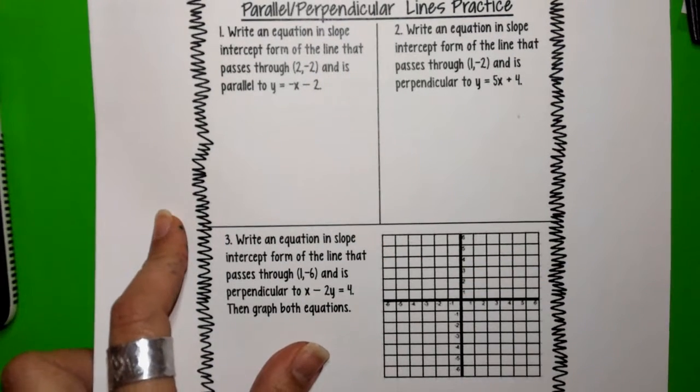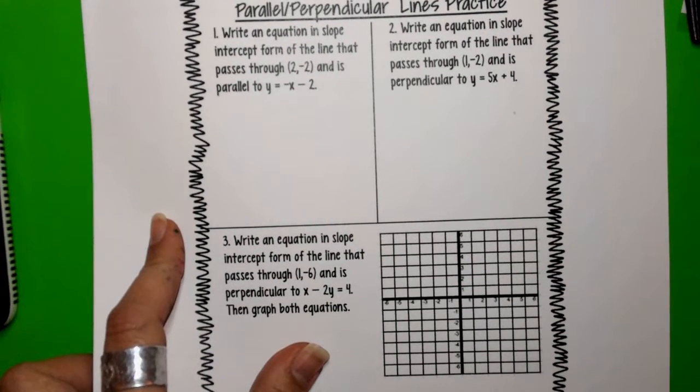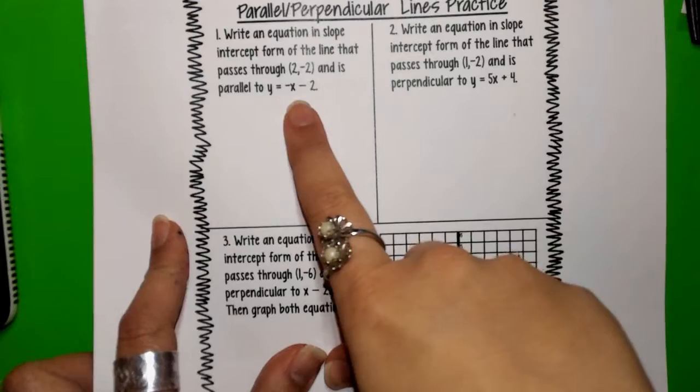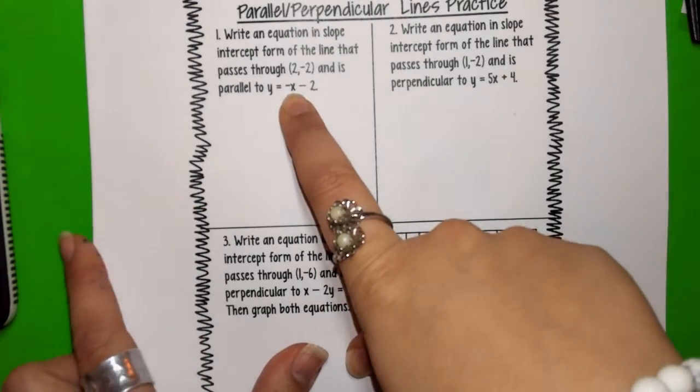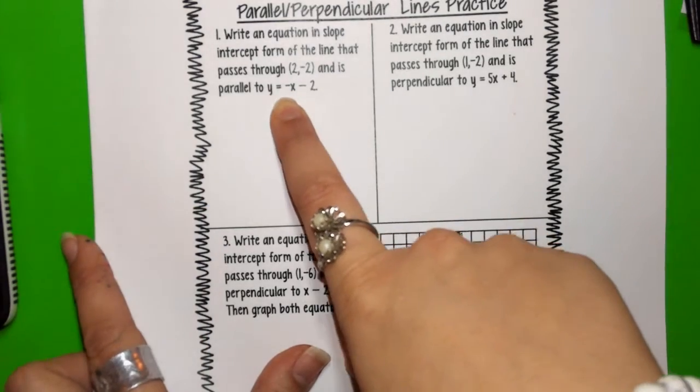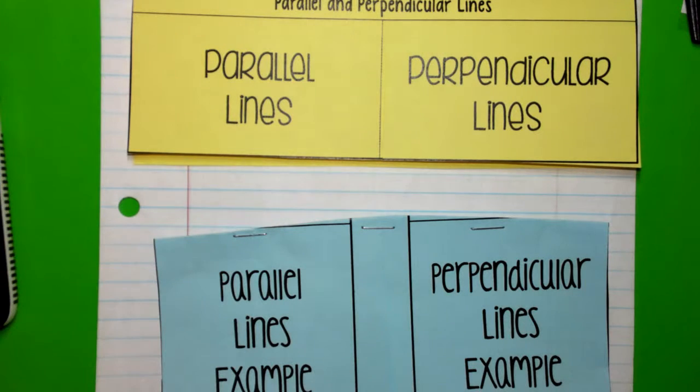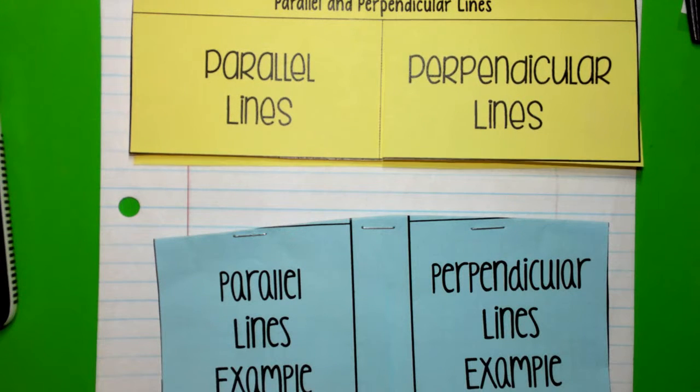Parallel means they have what in common? Same slope. So what is your slope of this? -1. So what would the slope of the other line be? -1. And you could also write it in point-slope form if you wanted to. So you need to finish killing your zombies and then answer number 1.